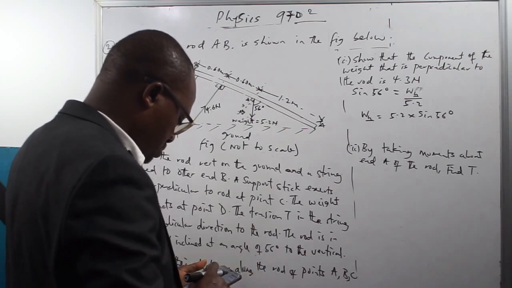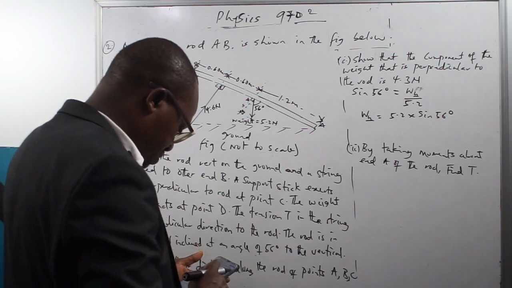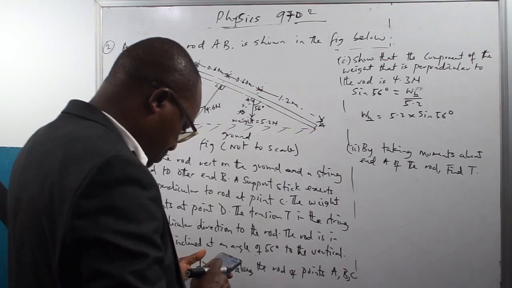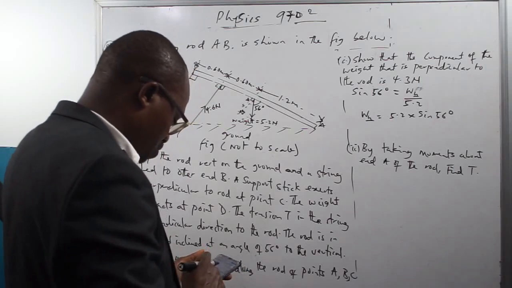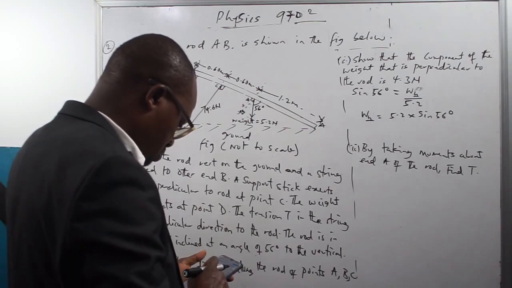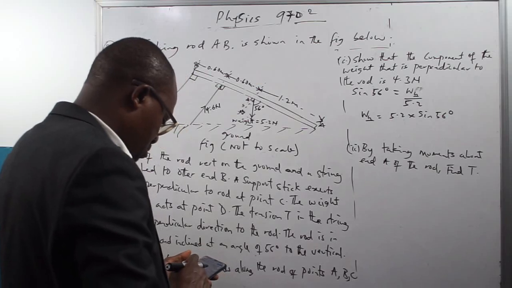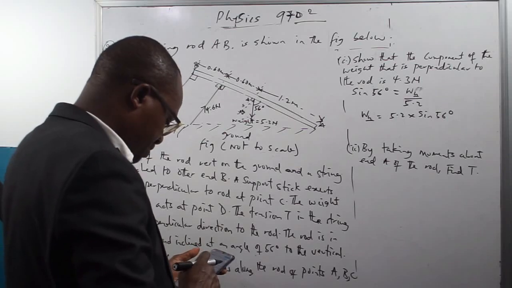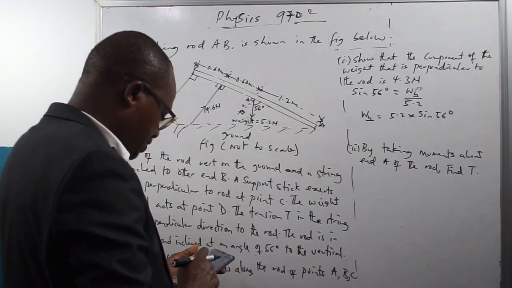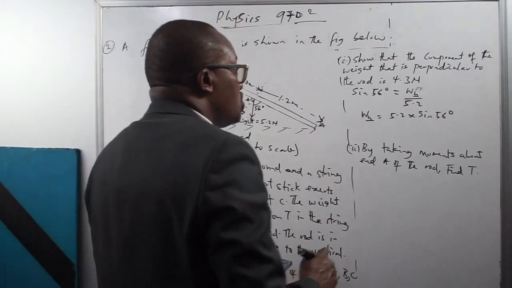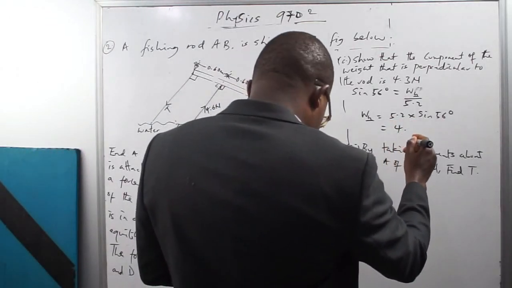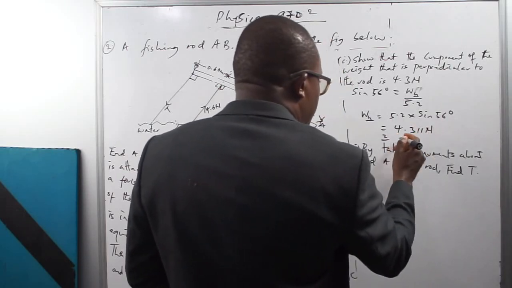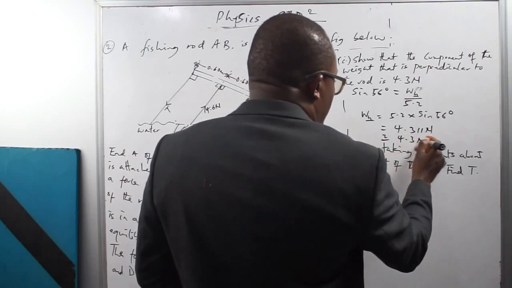You use your calculator: sine 56 times 5.2. When you do that, it's going to give you 4.311 newtons, which is approximately, to two significant figures, 4.3 newtons.